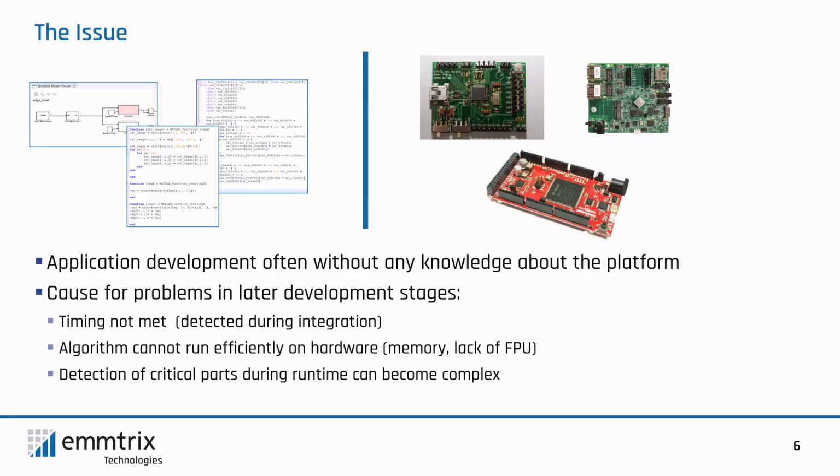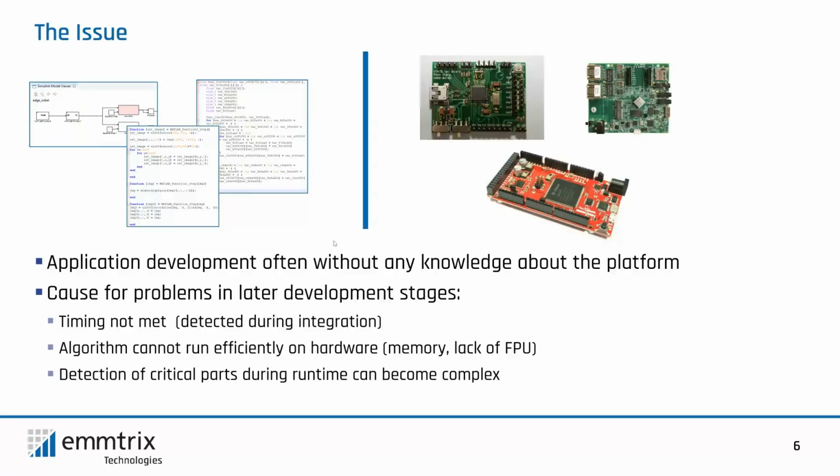This means either there is not enough memory, or because there is no floating point unit, the actual implementation might be much slower than anticipated. And lastly, the detection of critical parts during runtime can become quite complex, so doing it early on might lead to an easier case.